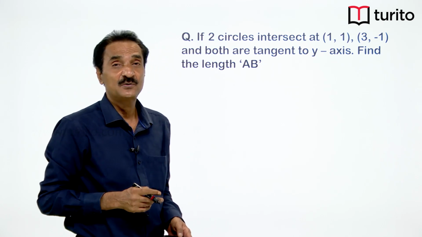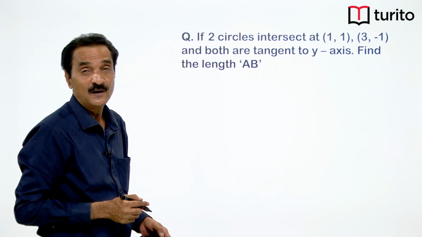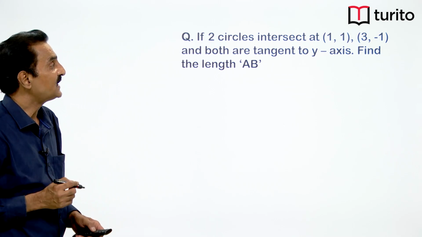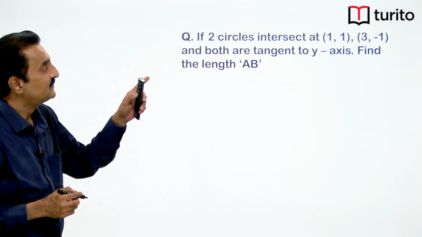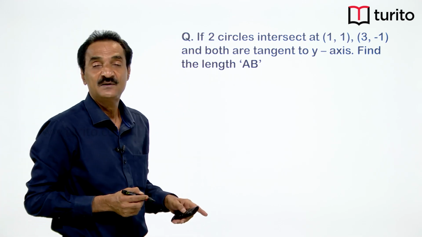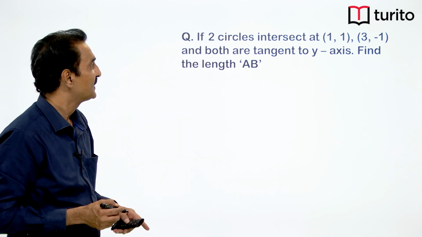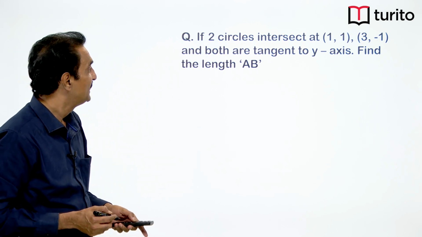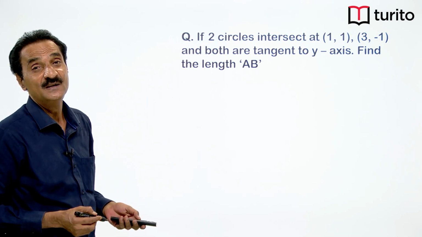Another question, very good question, little tough also. If two circles intersect at 1 comma 1 and 3 comma minus 1, both are tangent to y axis, find the length of AB.